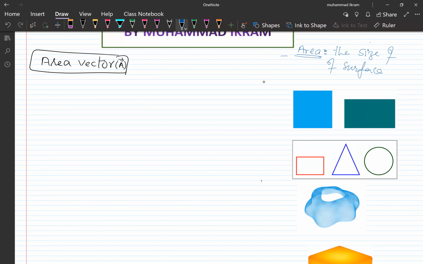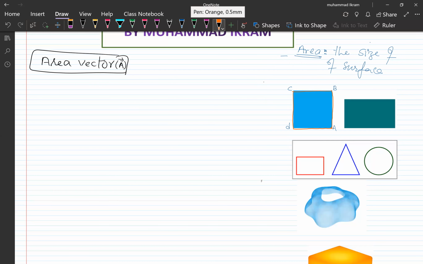For example, if we have this object, and I mark the boundaries A, B, C, D, then what is the area? The area is in fact the region bounded by this closed path A, B, C, D. This is called the area, right?